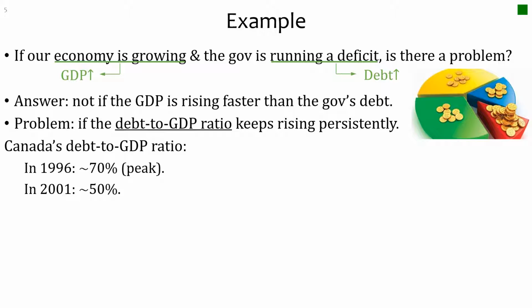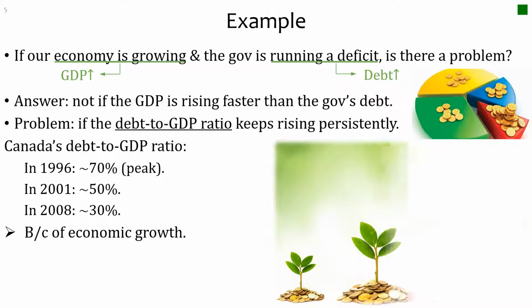In 2001, it fell down to 50%. The government's debt was not necessarily falling. The debt to GDP ratio was falling. And by 2008, it was about 30%. It rose a little bit after the 2008 recession, but it is still in the 20%, 30% range. All of that is because of economic growth.